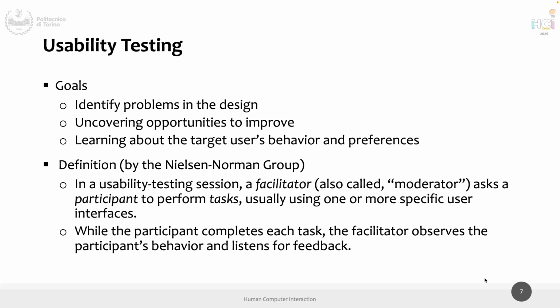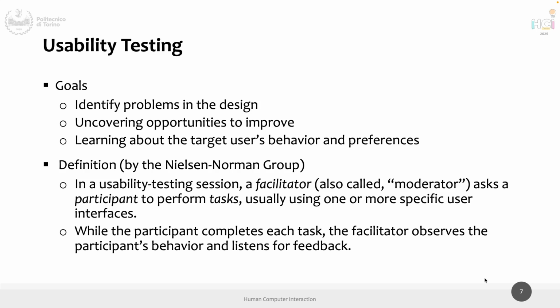So if you have 10 participants, you will have 10 sessions in a single usability testing, in a single study. In a usability testing session, you have a facilitator, also called moderator, that asks a single participant to perform a series of tasks, usually using one or more specific user interfaces. In this case, it could be an application, could be an interactive system, whatever.